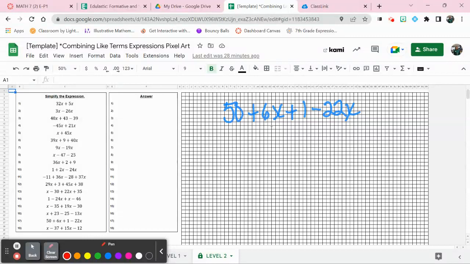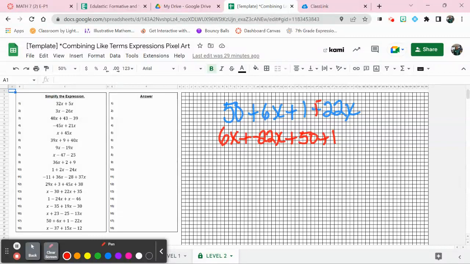No subtraction, no subtraction, no, there we go. Change. And now I can rewrite that. Put my x's with my x's, my constants with my constants: 6x plus negative 22x plus 50 plus 1. Then go back and check and make sure you got everything and you got the right signs.